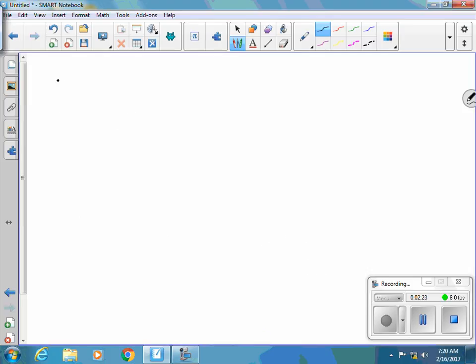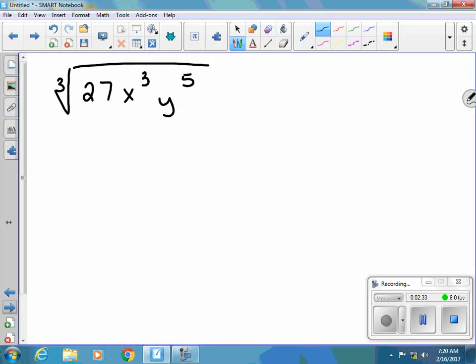So if I were to have the cube root of 27, x to the 3rd, y to the 5th, this is really 27 to the 1/3, x to the 3 over 3, y to the 5 over 3. Okay, so we can reduce this down.